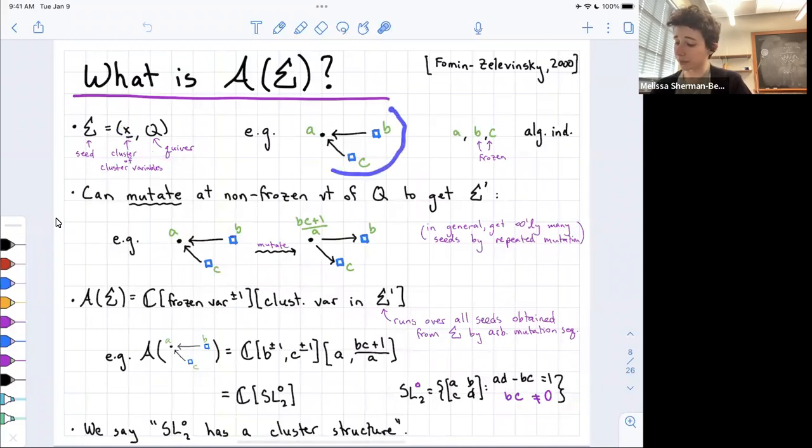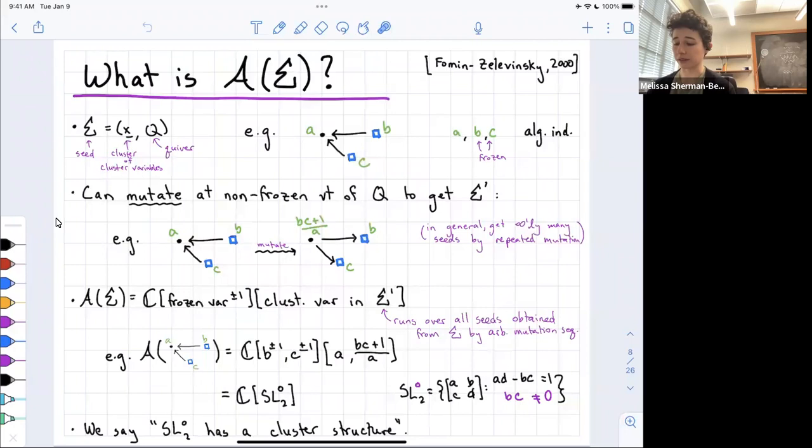So here's an example. In this case, my cluster variables are A, B, and C. The cluster is all three of them together. And the quiver, the directed graph, is the one that's shown here. I think of my cluster variables as being the vertices of my quiver, so the arrows go between cluster variables.